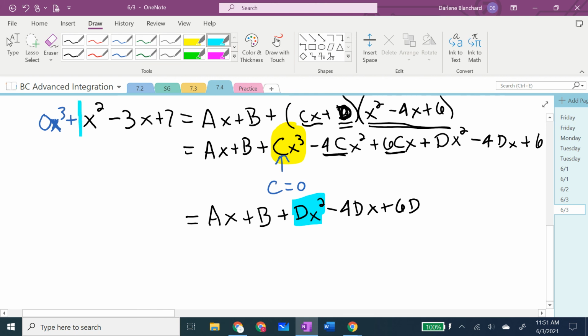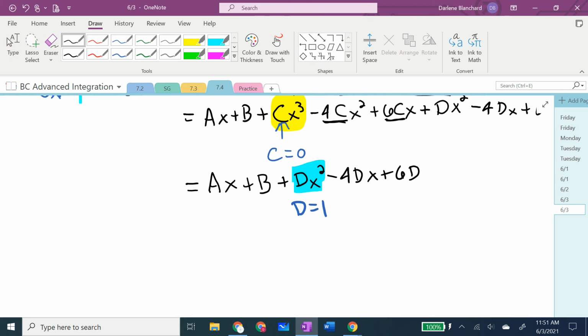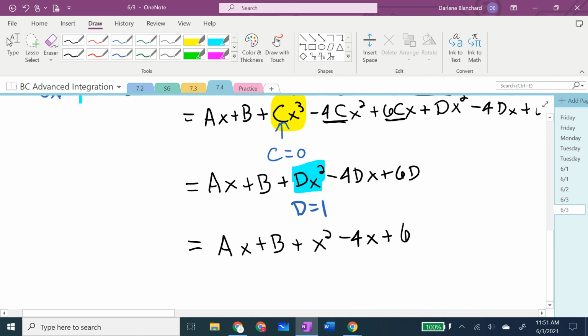And the coefficient on the left for x squared is 1. D must equal 1. Knowing that, I'm going to make this go even nicer. ax plus b plus 1 times x squared minus 4x plus 6.